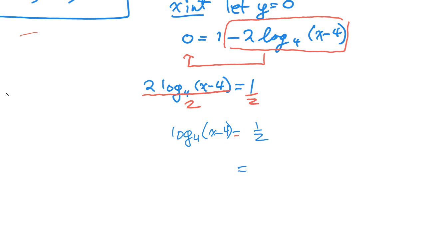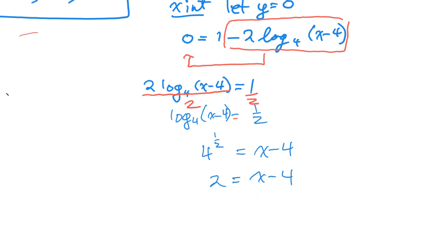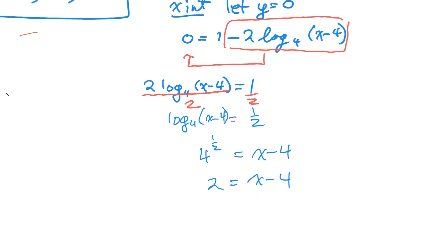So what that means is we have 4 to the 1/2 is equal to x minus 4. So 4 to the 1/2 is just 2, which is equal to x minus 4. And when we continue solving, we end up with our final answer of x is equal to 6.